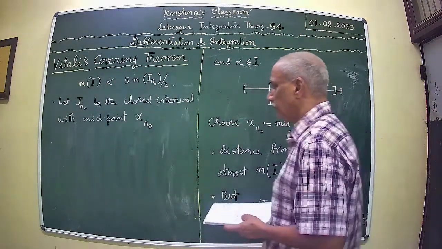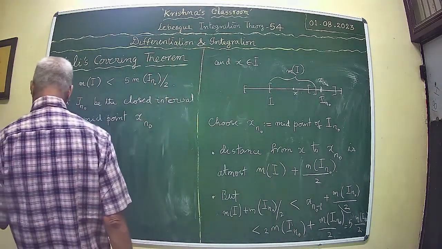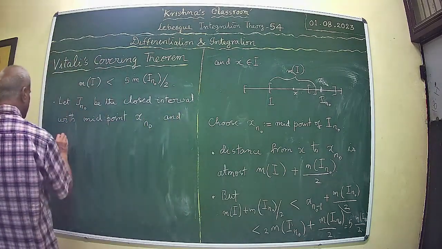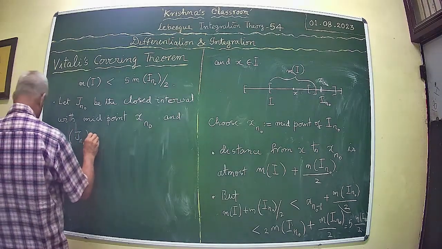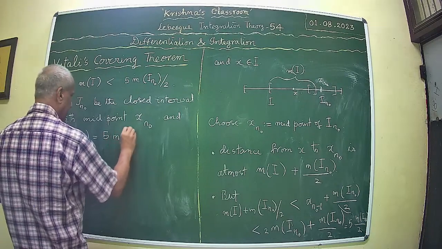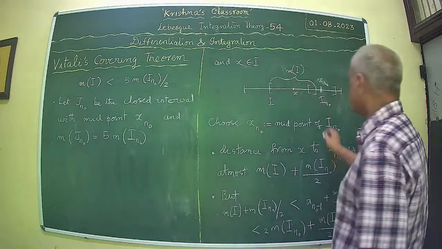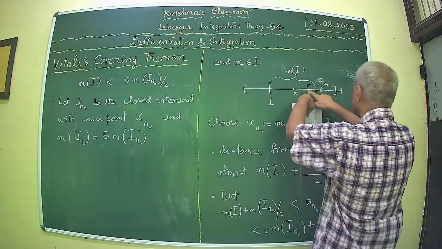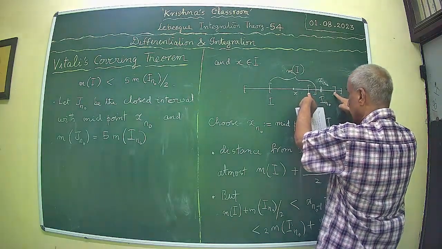And then what we are doing is measure of J n naught equal to 5 times measure of I n. Let us go back to the figure. See, this length is the measure of I n.